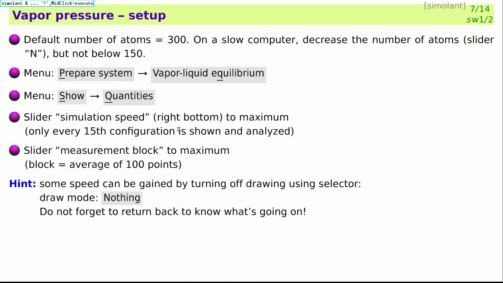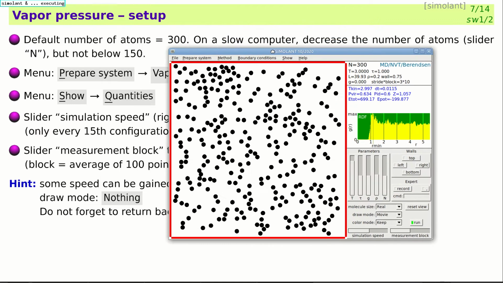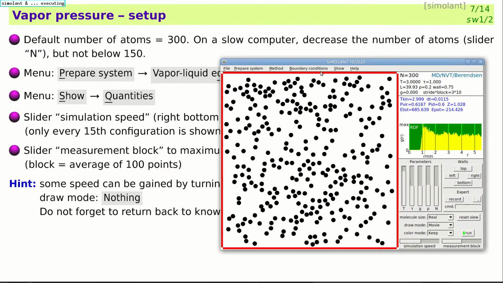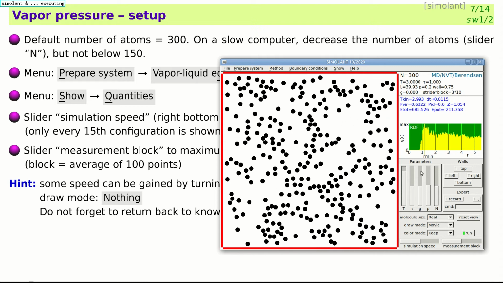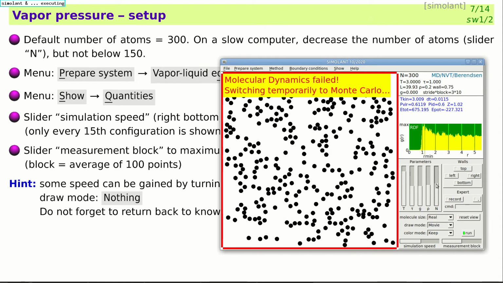The rest of this presentation consists of steps that you are supposed to do. Probably it's not too much for me to show you. I will just show the very beginning of this. So we have Simulant running here. There are already 300 particles. You can change this if you wish by a slider.